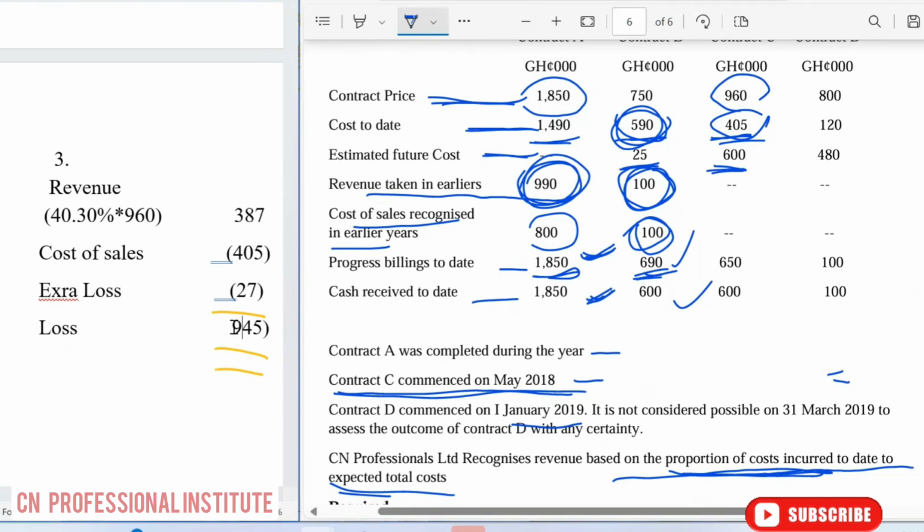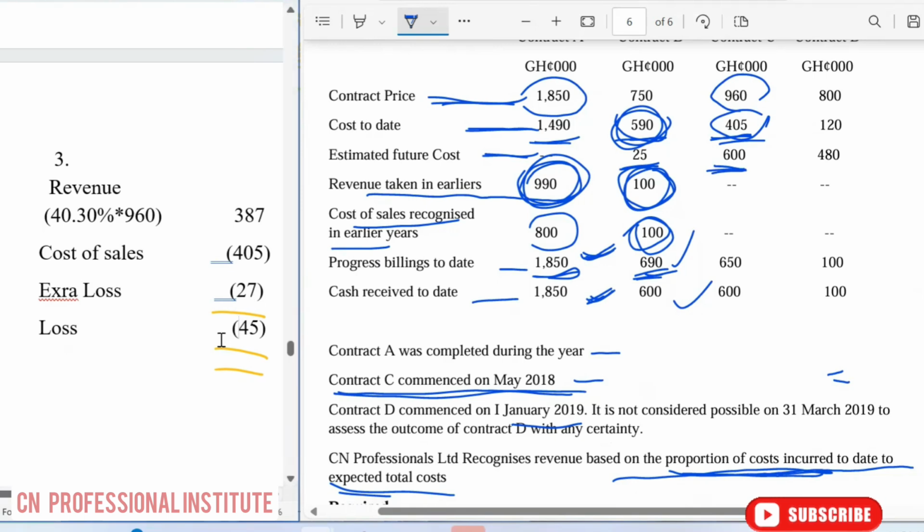Okay, so that is that. It's very, very simple. It's nothing difficult. We said that if you make 387 minus 405, it's 18. So we have a loss of 18, but we have to record extra loss of 27, so that our total loss will move to 45.